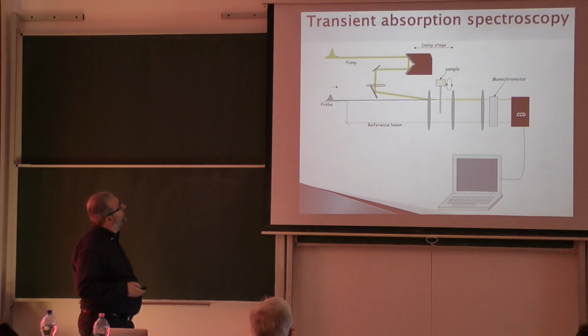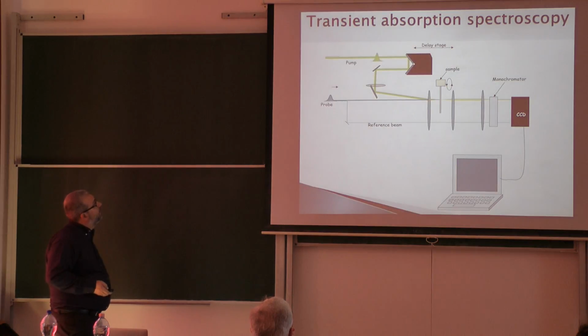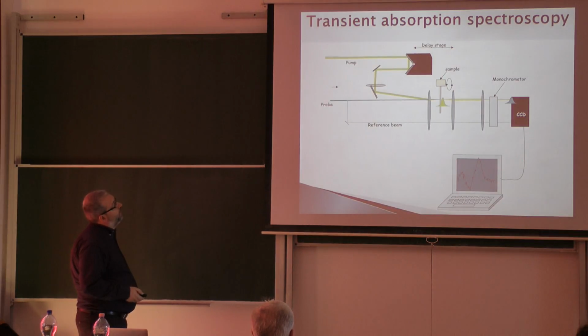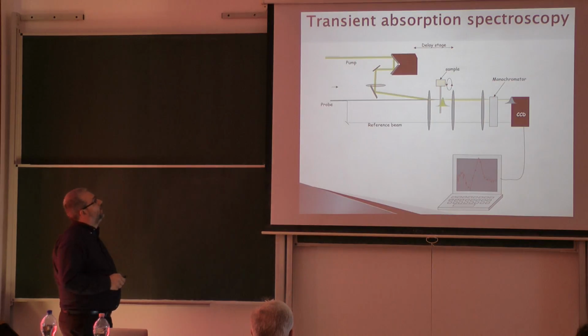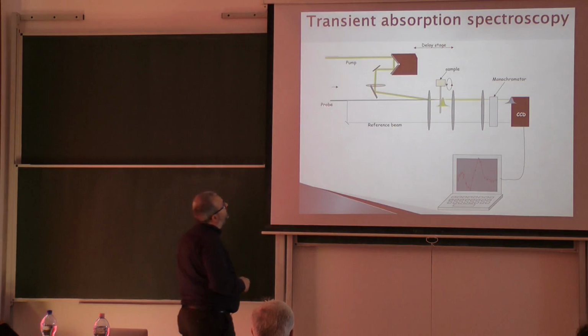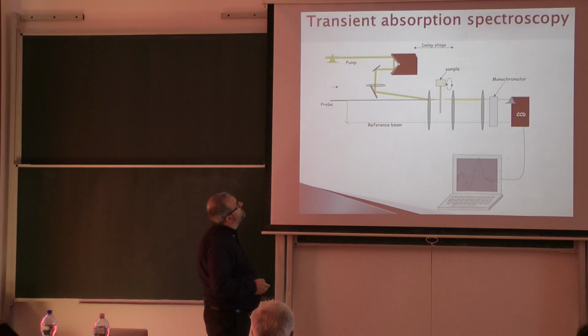Now let's see how it works. So we have this excitation, and we have the probe beam, and on the CCD we will measure spectra, which is good. Now what do we do? We just move the stage slightly. This means that the delay between the pump and the probe will be changed.